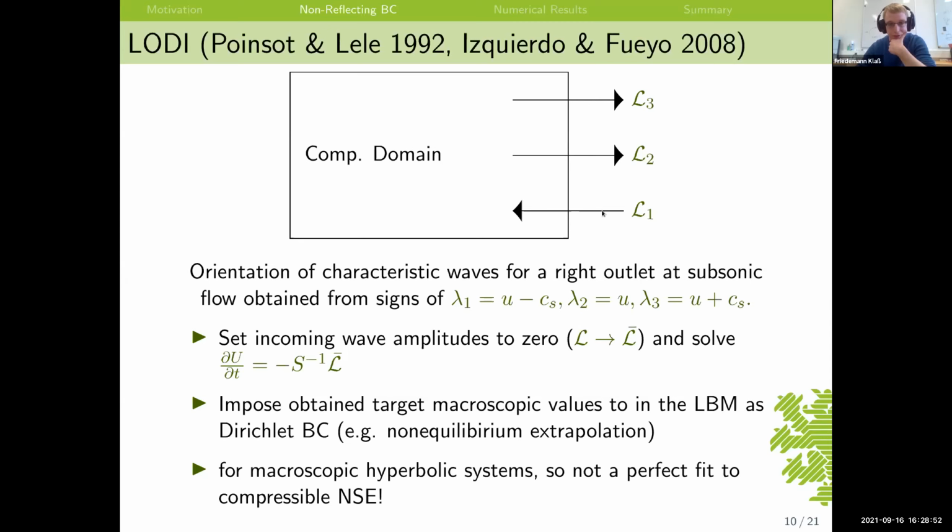So the associated characteristic wave, the first component of this vector L, will be an incoming characteristic wave.